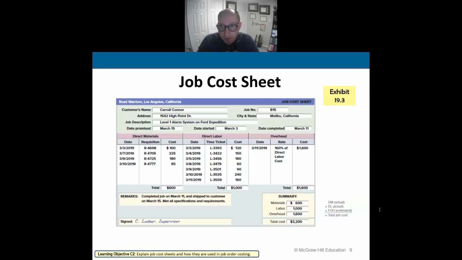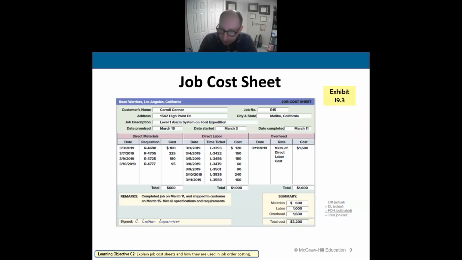If it's overapplied, that means I charged too much. And in which case, the cost of goods sold will also either be over or under, depending on which had happened. So yes, you're on the right train of thought. We'll break it down, don't worry.